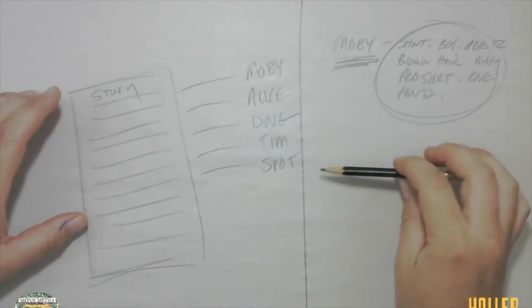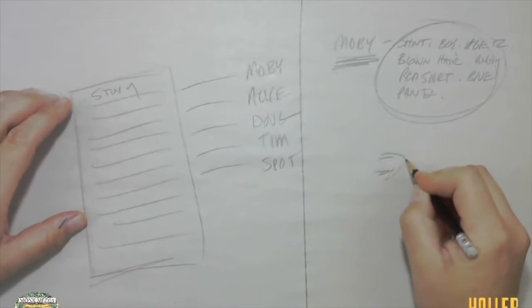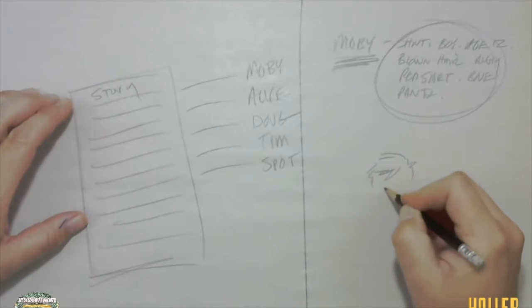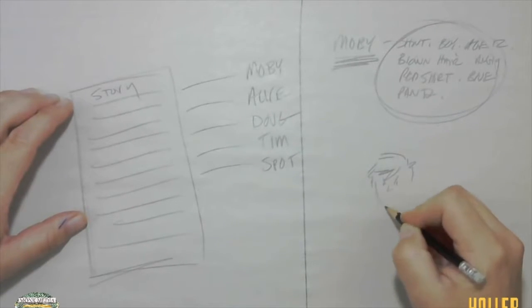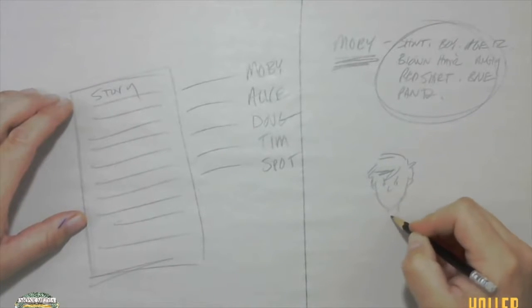So when you start to actually draw out this character later on, you're going to know automatically what the character looks like. You're going to know ahead of time how the character should be depicted.